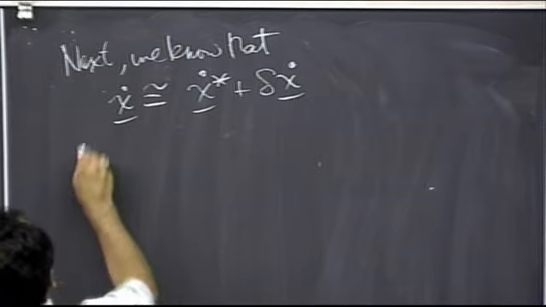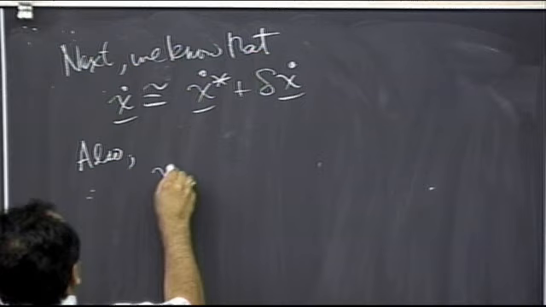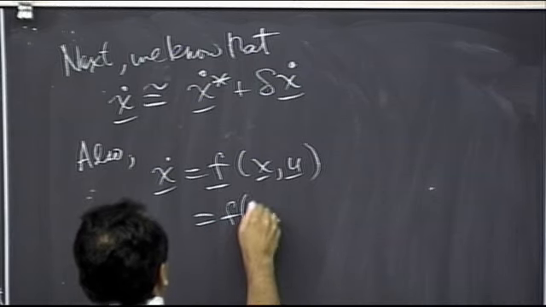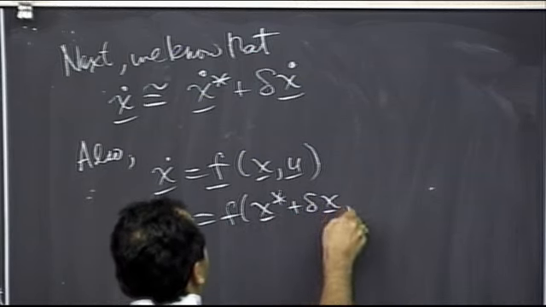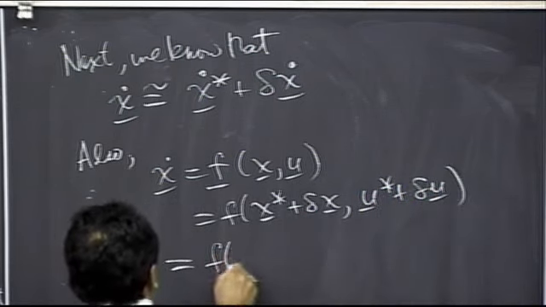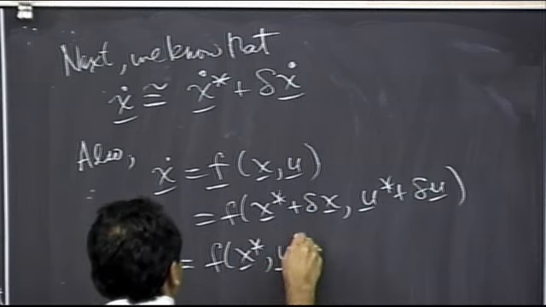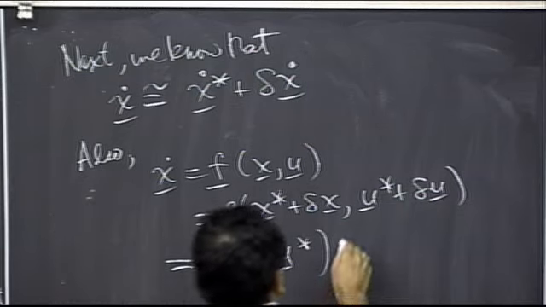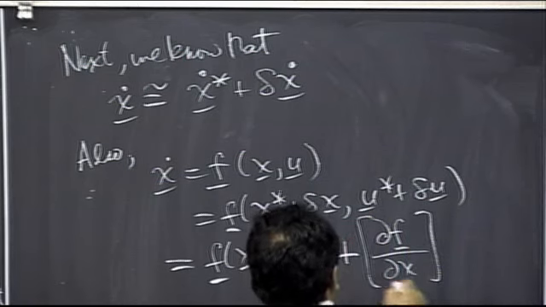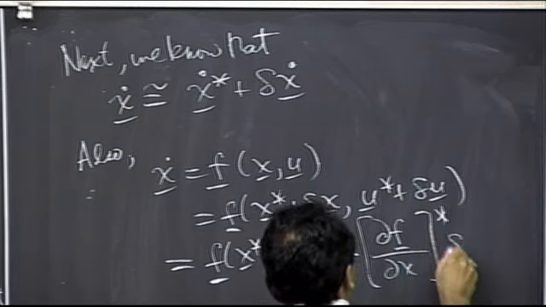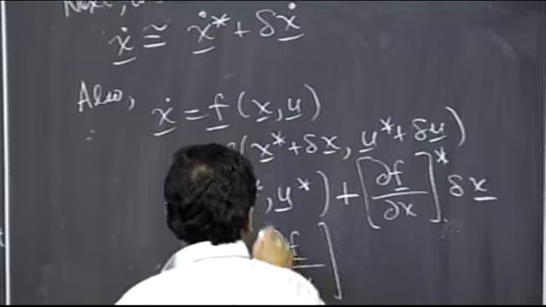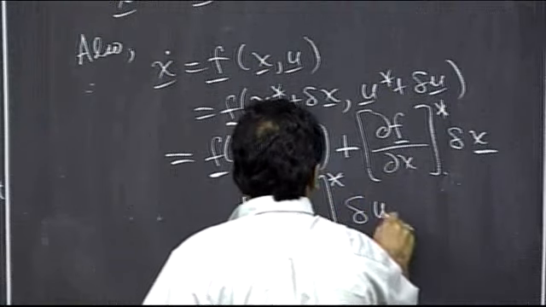And we also know that x dot equals f of x and u, which is equal to f of x star plus delta x, u star plus delta u, which is equal to f of x star u star, vectors, plus, holding this only to first order, the partial of f with respect to x evaluated on the optimal solution times delta x plus the partial of f with respect to u, again evaluated on the optimal solution, times delta u.